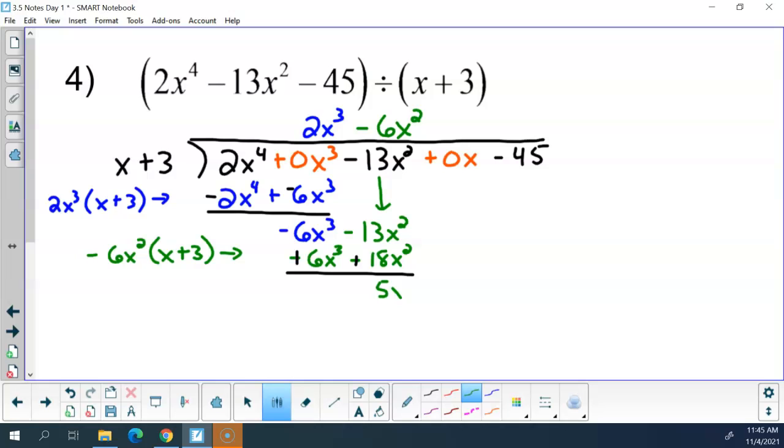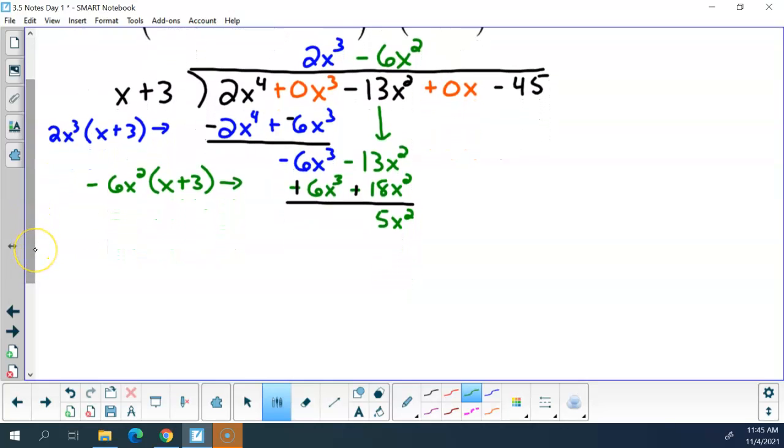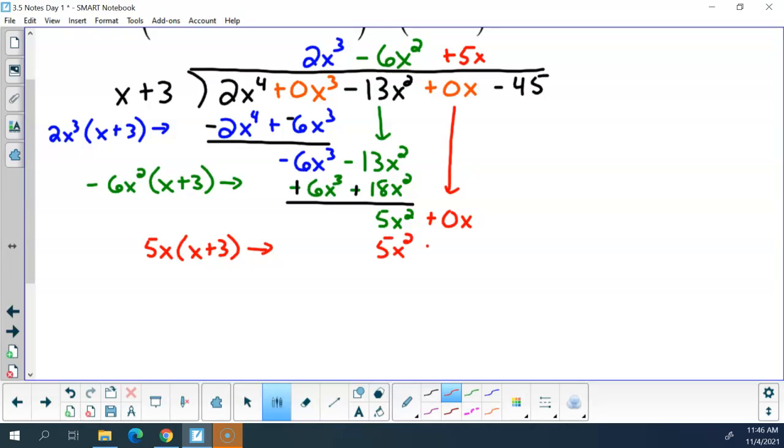5x squared. Pull down that 0x. 5x squared plus 15x. Change and change.